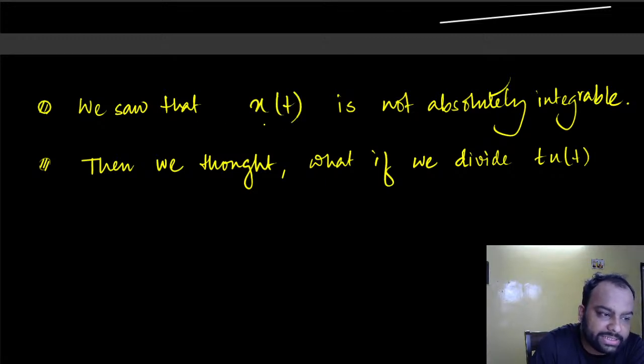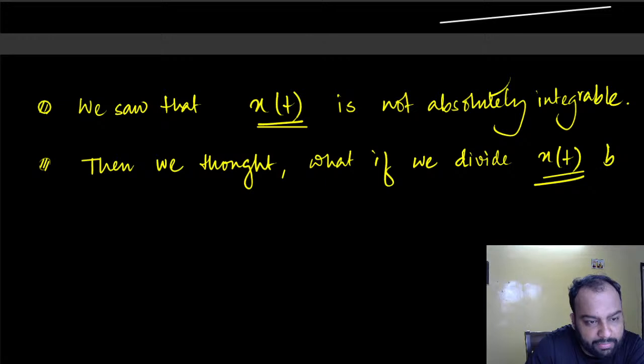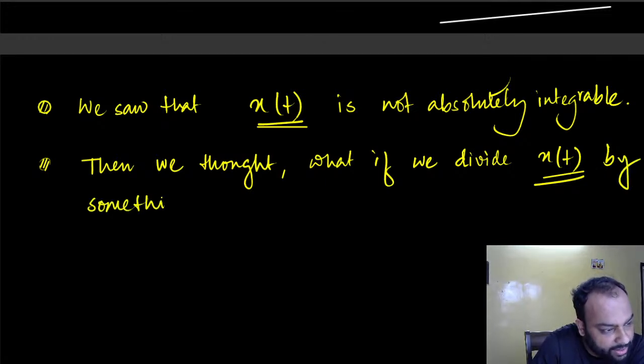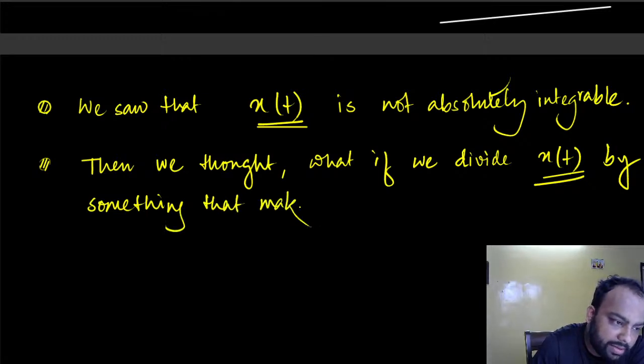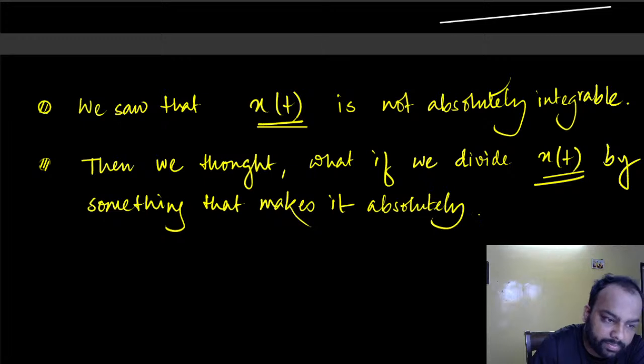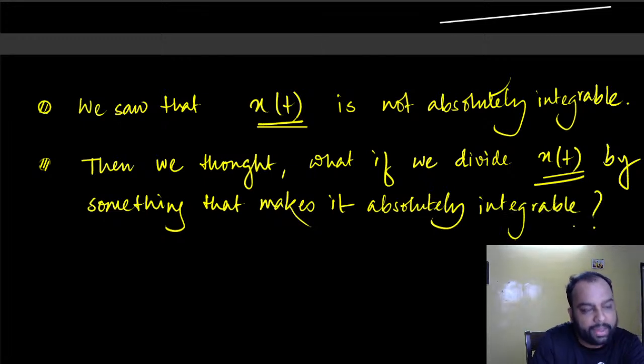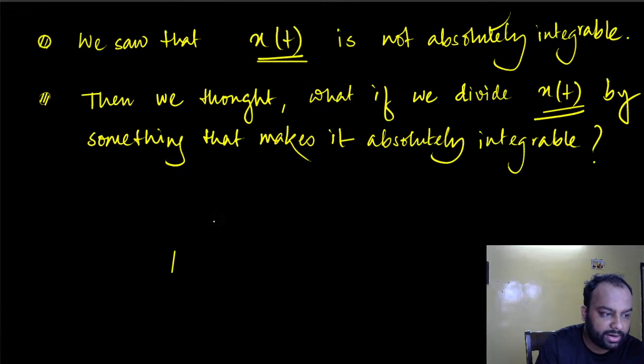We saw that x(t) is not absolutely integrable. Then we thought, what if we divide x(t) by something that makes it absolutely integrable? What if I am able to divide x(t) with something that makes it absolutely integrable, right?